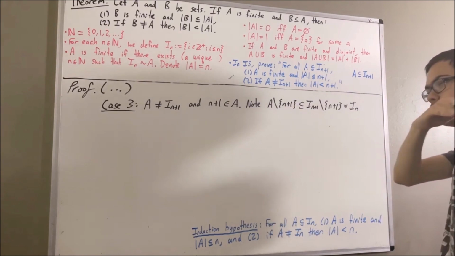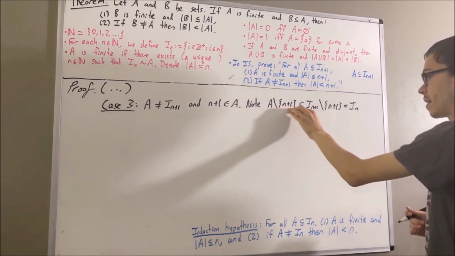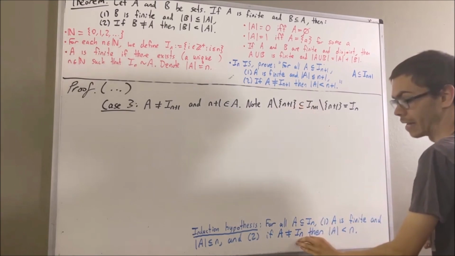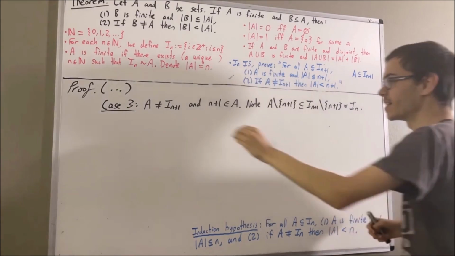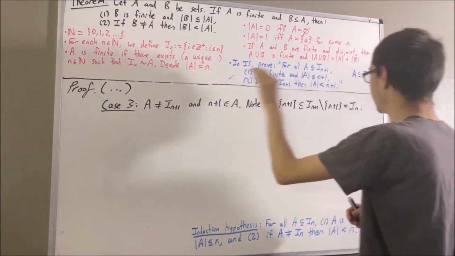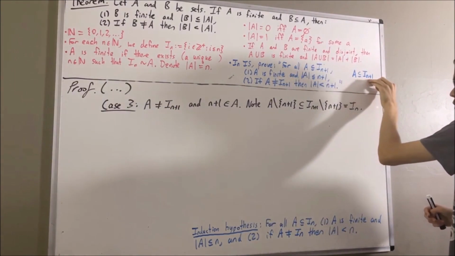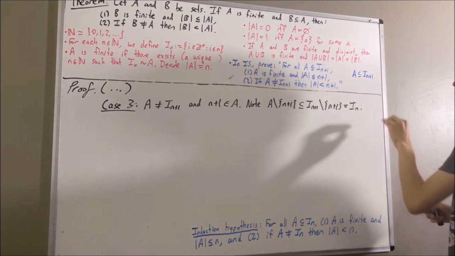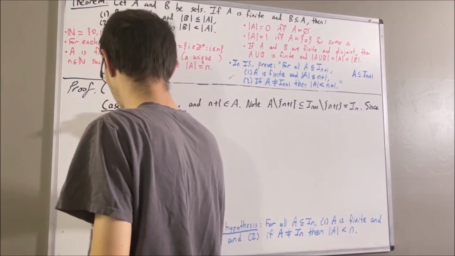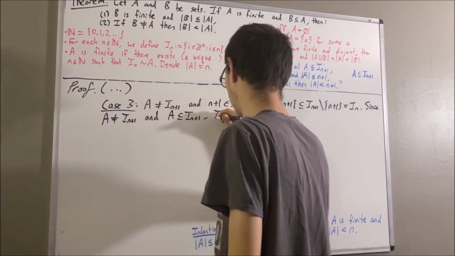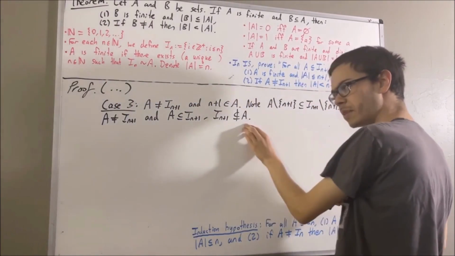However, we could further show that A set minus N plus 1 is not equal to IN. And to see how, well, since A is not equal to IN plus 1, but A is a subset of IN plus 1, this means we must have that IN plus 1 is not a subset of A. What does this mean?